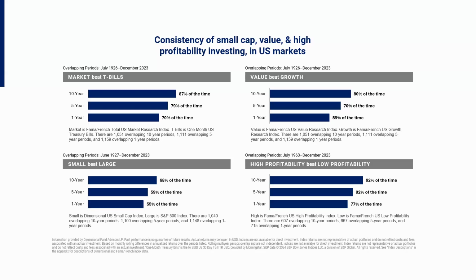And profitability, and just looking at the 10-year periods, because the reality is we don't want to look at 1-year periods. The proposition of investing is picking a strategy and sticking with it over long periods of time to increase the probability of success, as John talked about earlier.